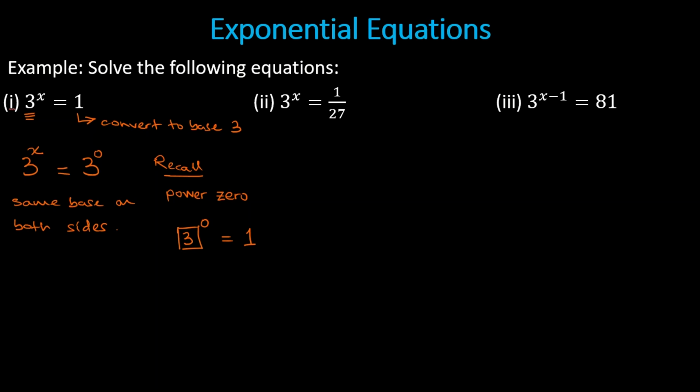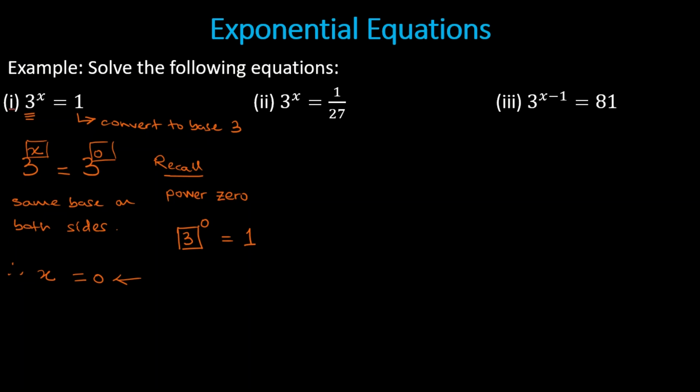We must equate the powers. Therefore, the first power on the left hand side, which is x, must be equal to the second power on the right, which is 0. So in this case, the answer is x equals 0, right?